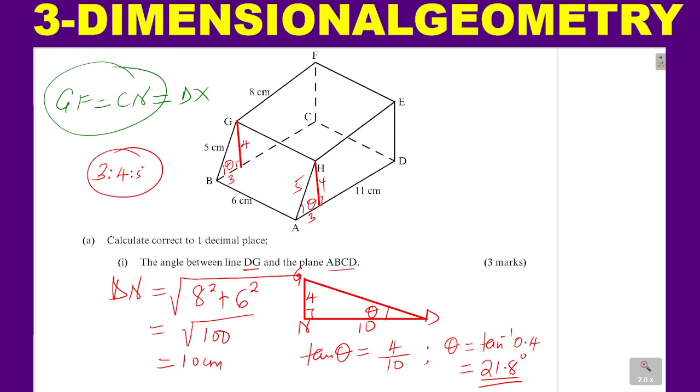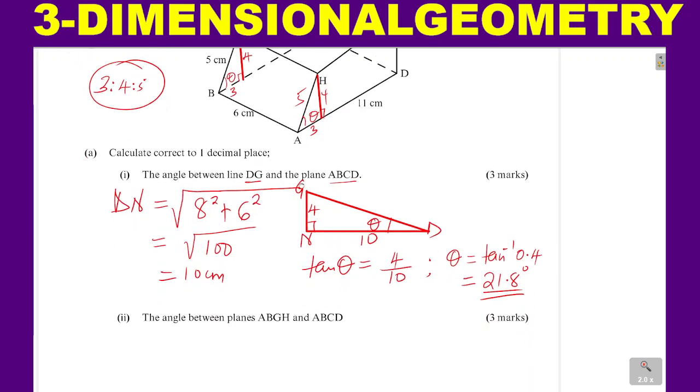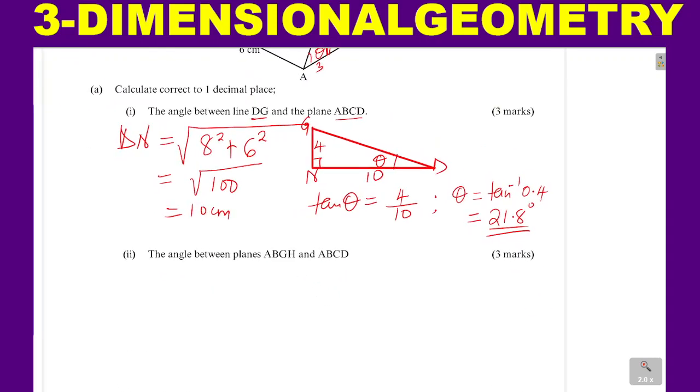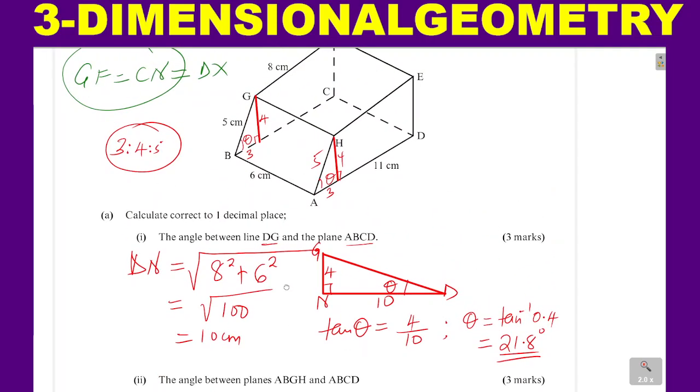Let me sketch that triangle here. So this is the required angle. This is 5, this is 4, and this is 3.